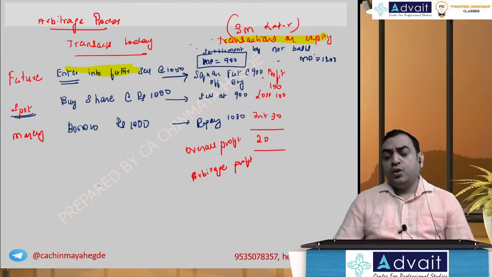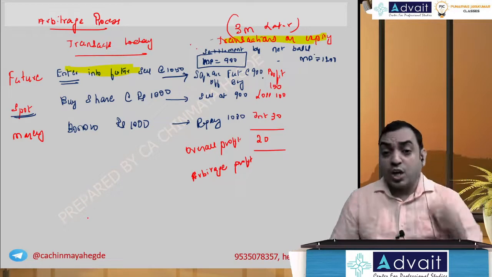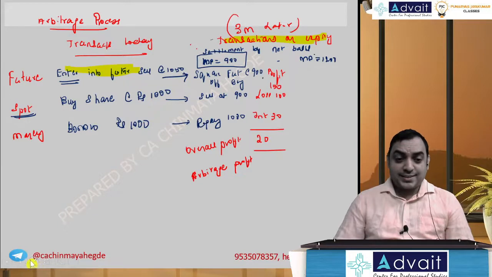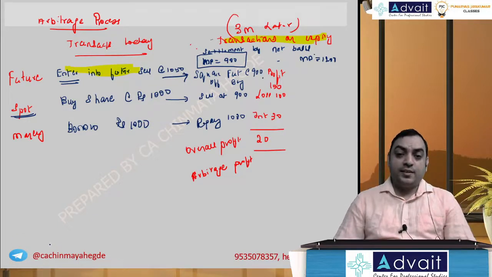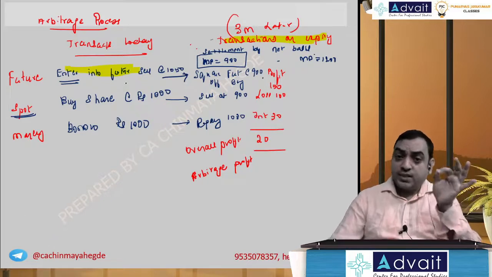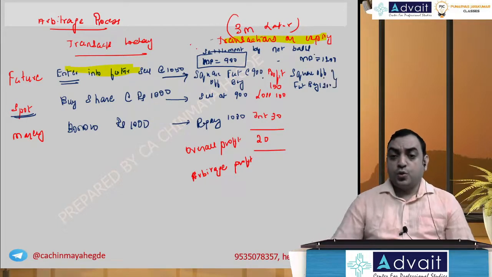And if I follow, if the market price is 1200, okay, if the market price is increasing, what will happen to my position? Let us discuss. Market price increasing to 1200. So, same future sell earlier. Now I'll do square off of the future, buy at 1200.